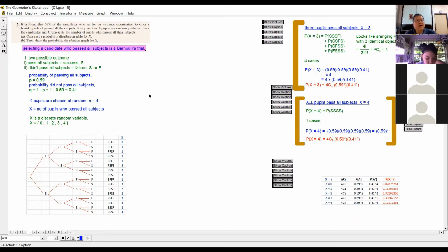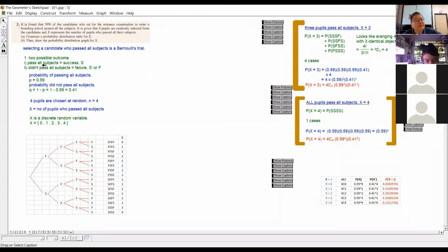So passing all the subjects is a Bernoulli's trial. Successful, you pass all the subjects. Failure means you don't pass all the subjects. I don't care whether you fail one or fail two, it is considered don't pass all the subjects. Okay, so how to define a Bernoulli's trial? In a Bernoulli's trial, there will be two possible outcomes, success and failure.